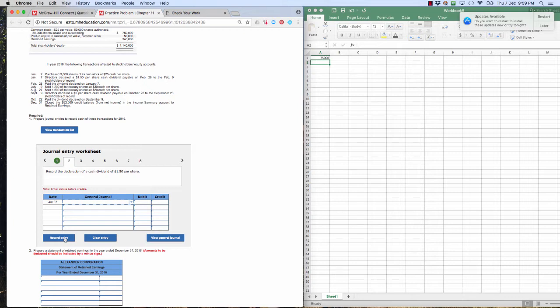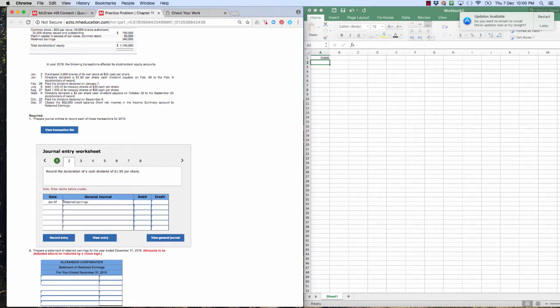The second one is declaring a cash dividend of $1.50 per share. When we are paying dividends, there's two steps: the declaration of the dividend and the paying of the dividend. Descriptions for both of those can be found on page 489. When we're declaring a dividend, the first thing we do is debit retained earnings.